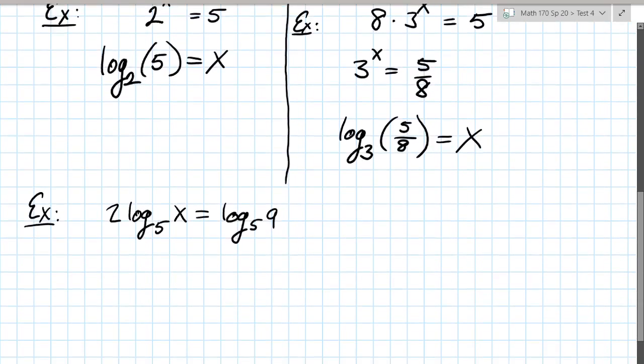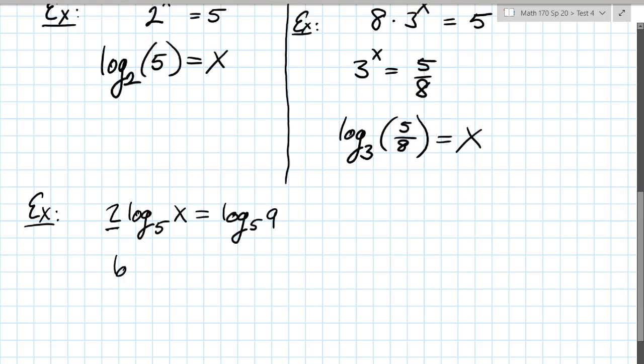The next example, we notice that there are two log functions, a log on each side. So I think the most obvious thing to try would be rule or technique number 2. But in order to use that, it's the log of m is equal to the log of n. I don't want to have this 2 in front of the log.